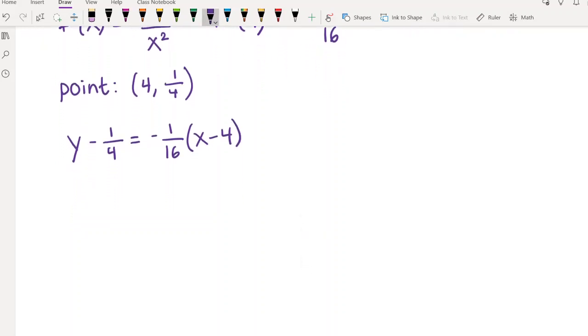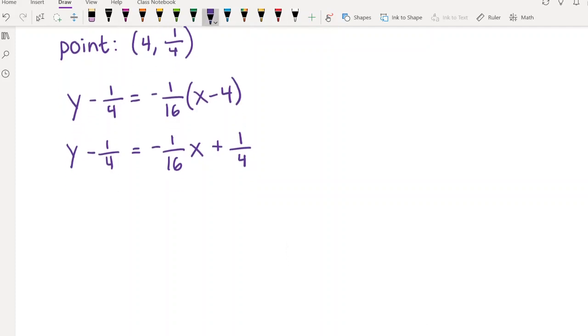The fractions are actually going to come out a little bit nicer than you might expect. So we have y minus 1/4 is equal to, what do you get when you distribute this negative 1/16 in? Well, when you multiply negative 1/16 with negative 4, that gives you positive 4/16, which is the same thing as 1/4. So we get negative 1 over 16 x plus 1/4.